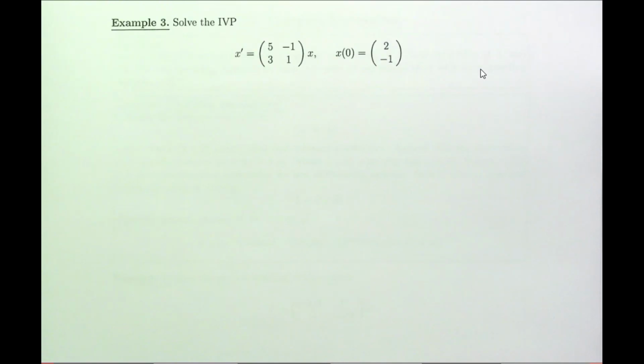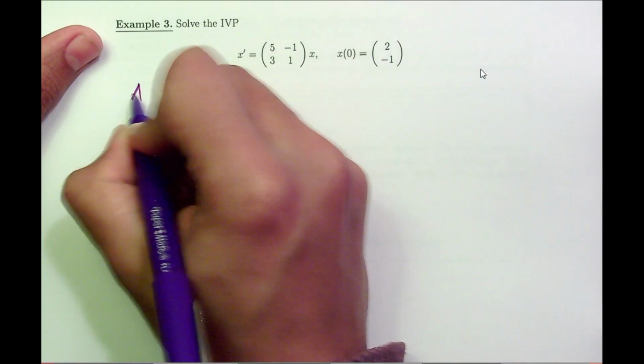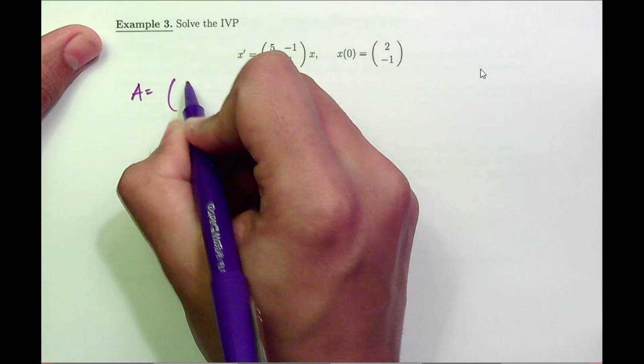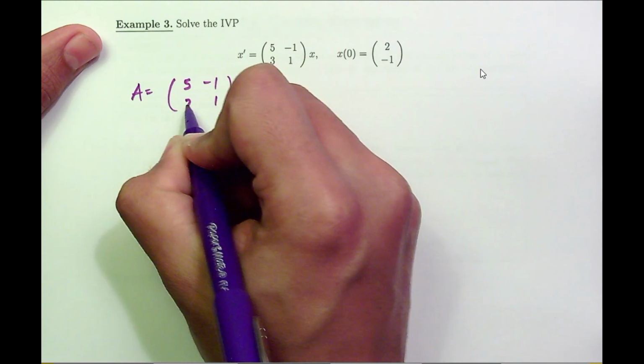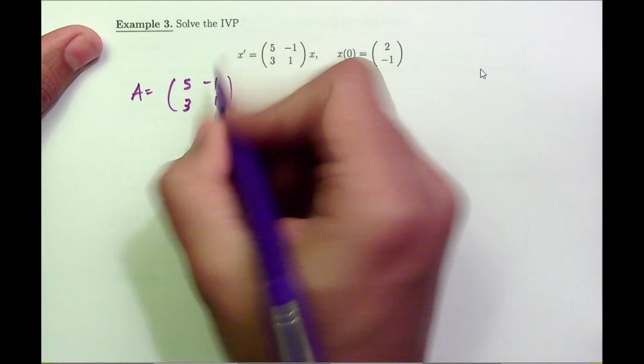Now I would like to do an example where we have an initial condition. I want to work this one out so that you see how to handle an initial condition. Okay, so to start, let A be 5, negative 1, 3, 1. That is the matrix of coefficients.